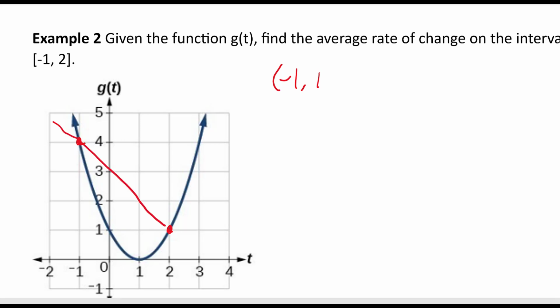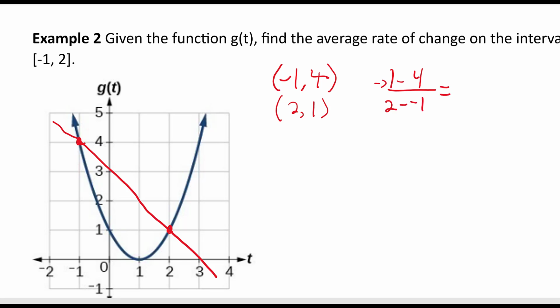So think about that line. So -1 corresponds to 4, and then 2 corresponds to 1. And it really doesn't matter which one you go with first, so I will go with 1 minus 4 over 2 minus -1.